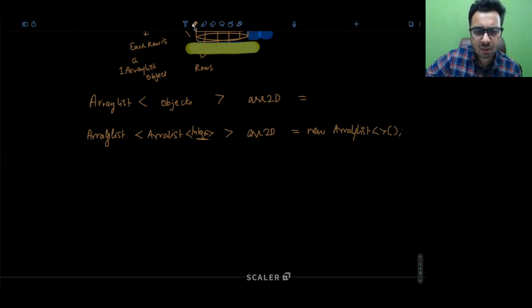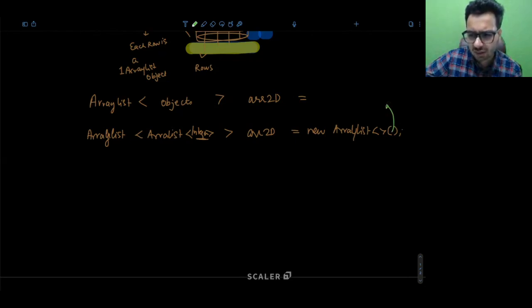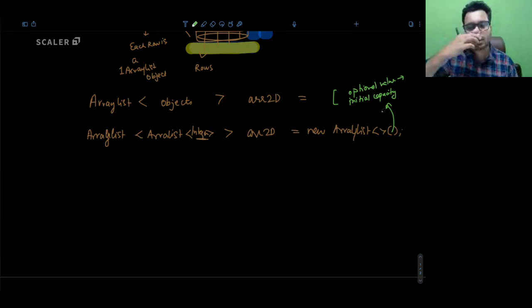If you remember, in some cases we have an optional parameter which tells me the initial capacity of this array list. Right now I have not given any value, so the JVM will decide what value to keep for the initial capacity. So it's completely optional. You can have some value or you can skip giving this value, right?